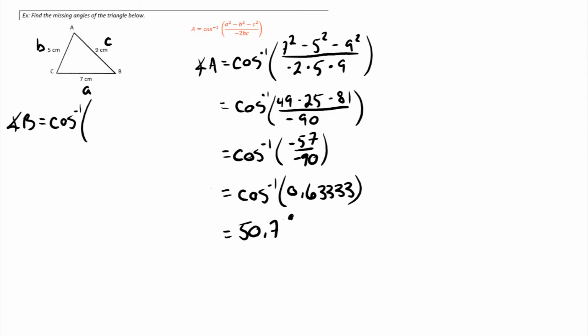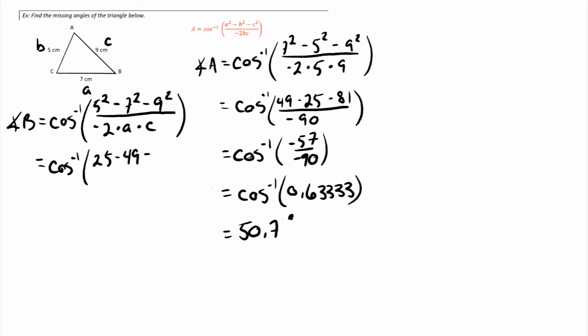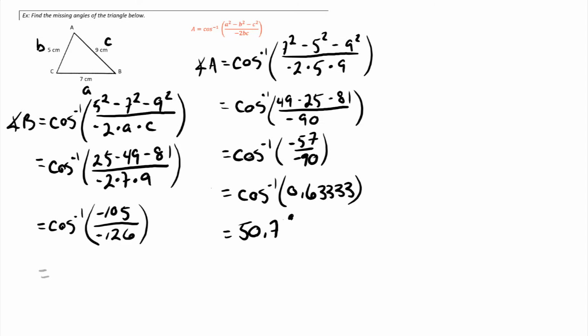Arccos, this time it's b squared, or 5 squared, minus a squared, 7 squared, minus c squared, which is 9 squared, divided by -2 times a times c. So it's the arccos of 25 minus 49 minus 81 divided by -2 times 7 times 9, which is equal to the arccos of -105 on top, 126 on the bottom, which is equal to 33.56 degrees.